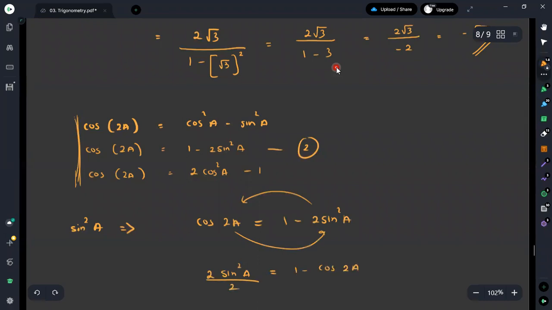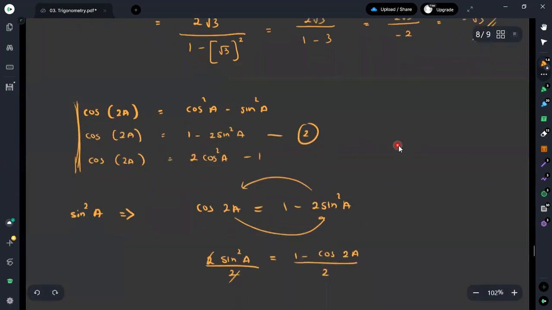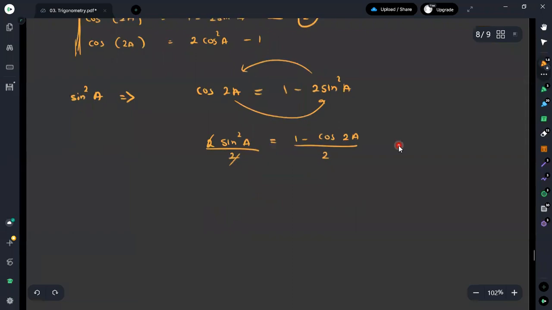Dividing both sides by 2 leads to a value for sine squared A. Therefore, sine squared A is equal to (1 minus cosine 2A) divided by 2.